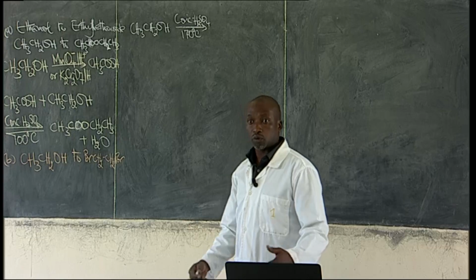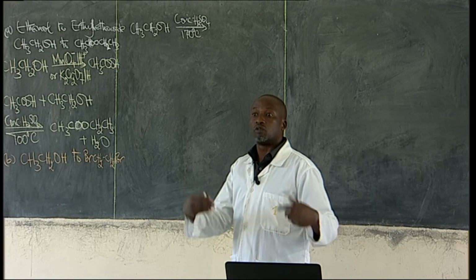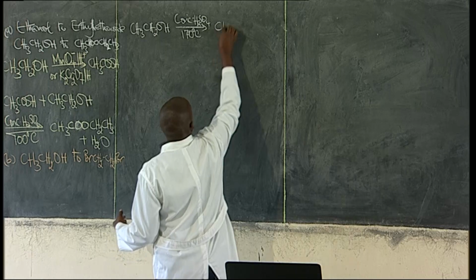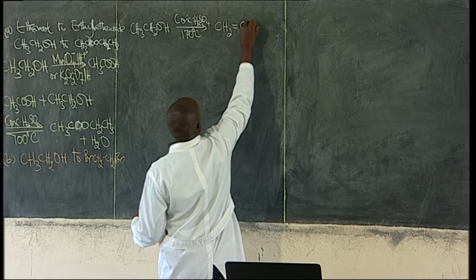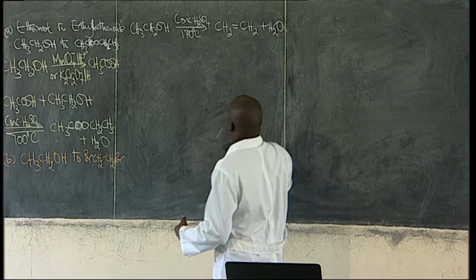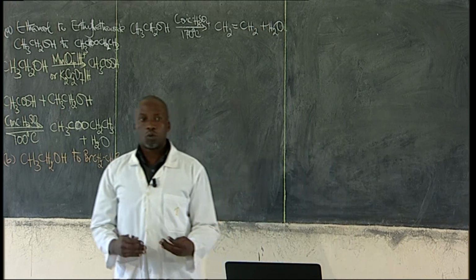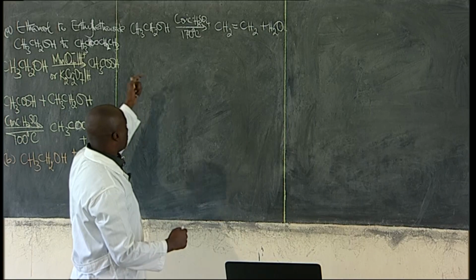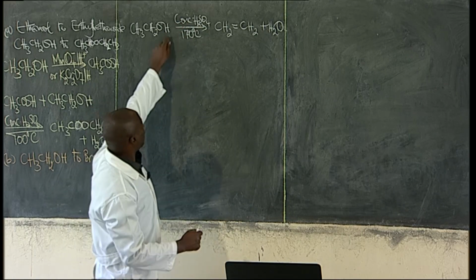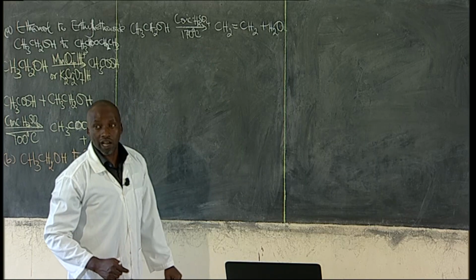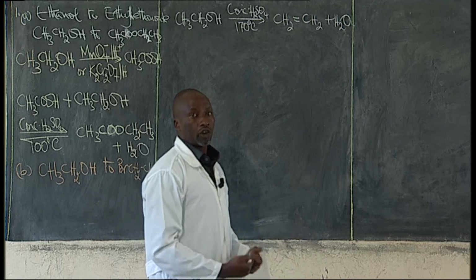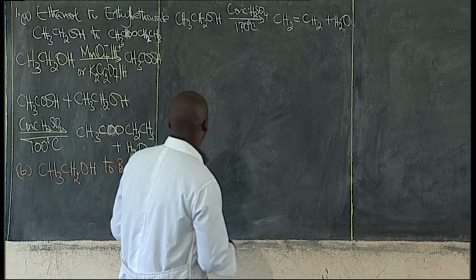You remember when we talked about the reactions of alcohols that we are looking at. So this will give us ethene and water. What do we do next? Remember we said these are the conditions and the reagent. The reagent here is concentrated sulfuric acid, that is a dehydrating agent. The condition is 170 degrees Celsius, specifically 170.